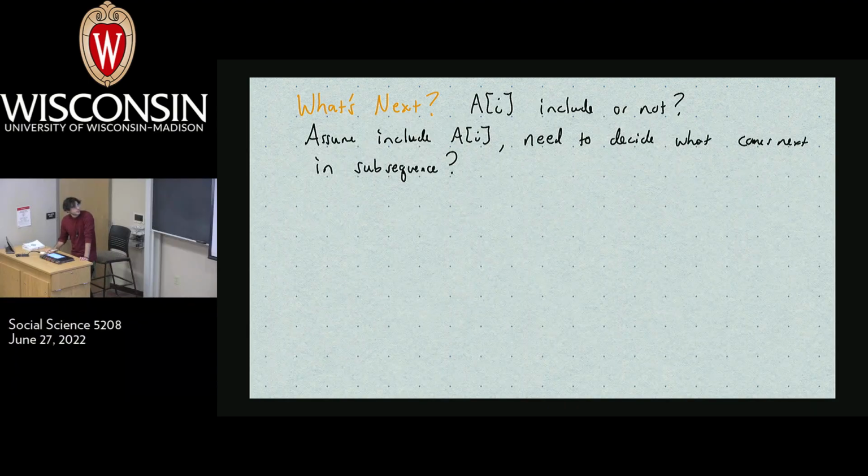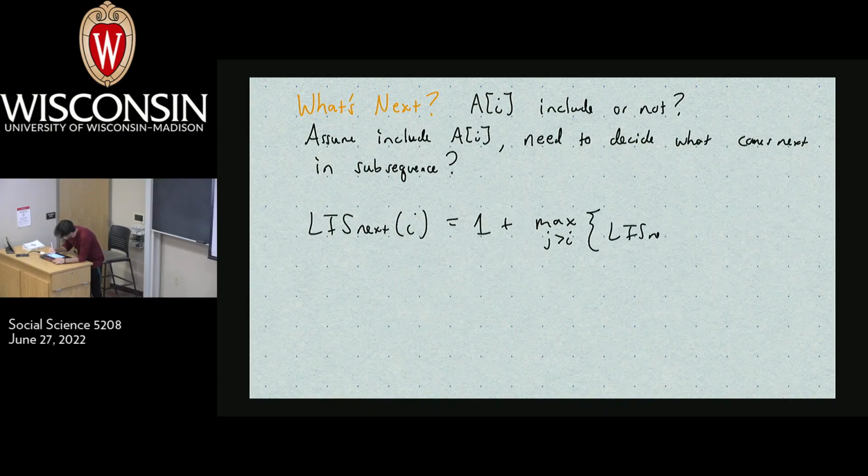I'm just going to tell you what the recurrence is, because the focus here is the dynamic programming. So LIS_next of i is going to be 1 plus the max over all j greater than i of LIS_next of j, if A_j is actually greater than A_i.